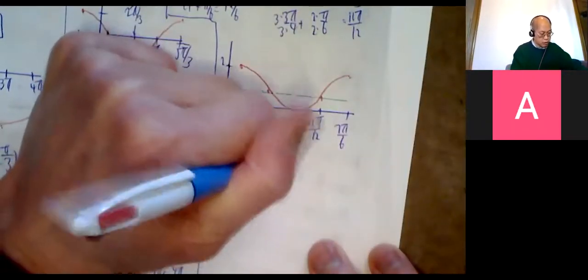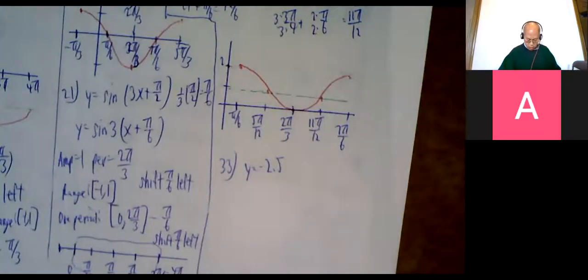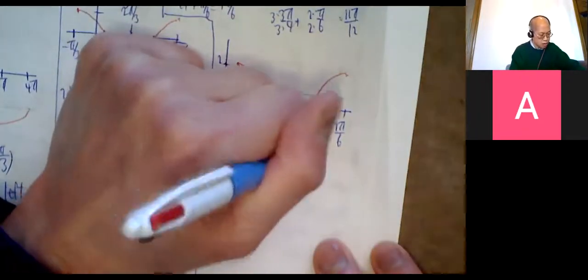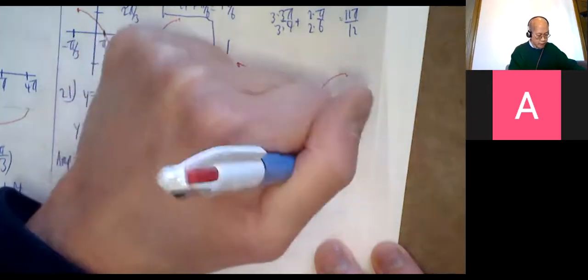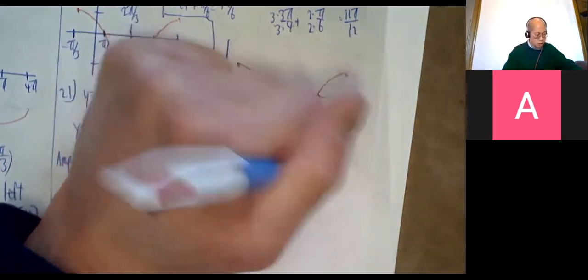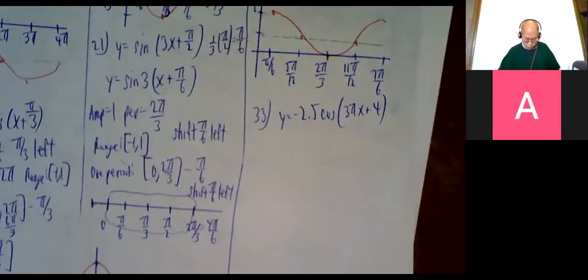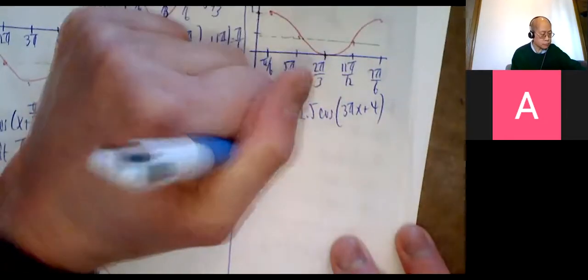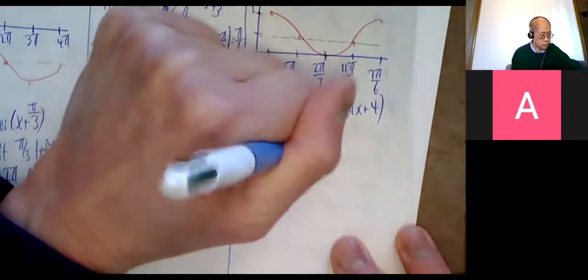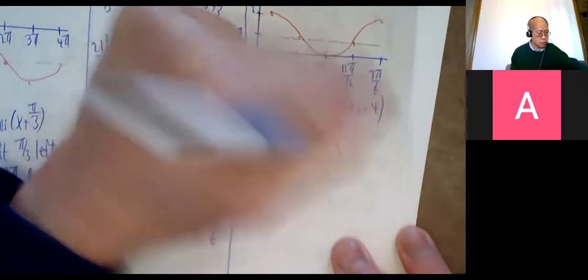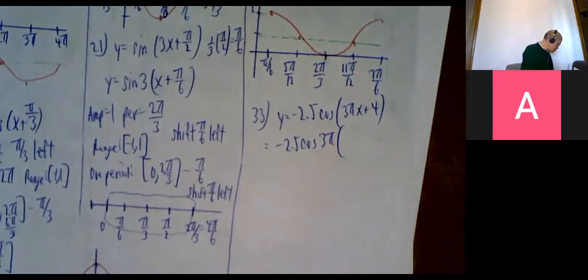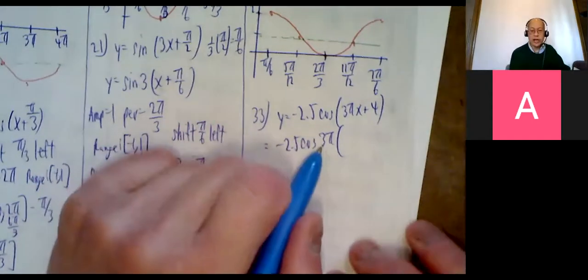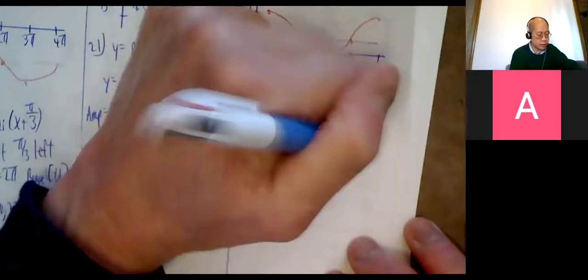y equals negative 2.5 cosine of 3 pi x plus 4. Factor out the 3 pi. So if I take out a 3 pi, I divide by 3 pi.